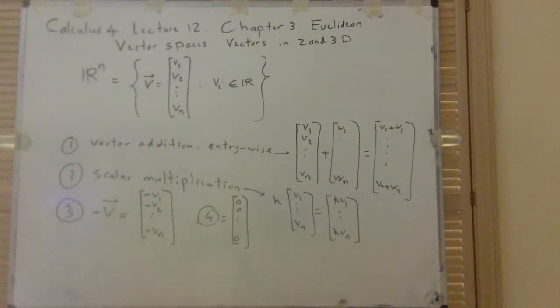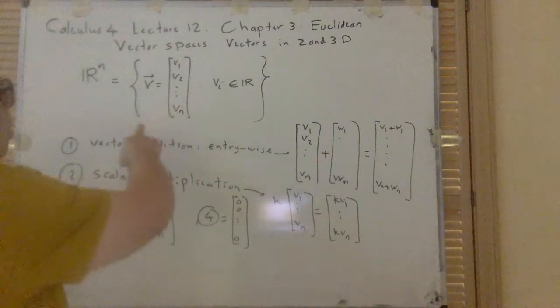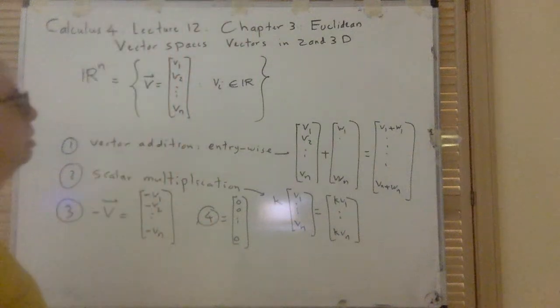Okay, so we get our ideas from R2 and R3 and extend those ideas to Rn. In R2 and R3, we identified any point with a vector, and this is the same in Rn. Points are like (v1, v2, ..., vn).